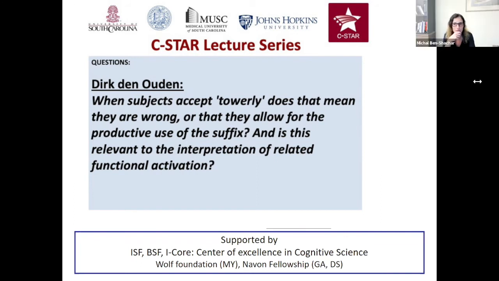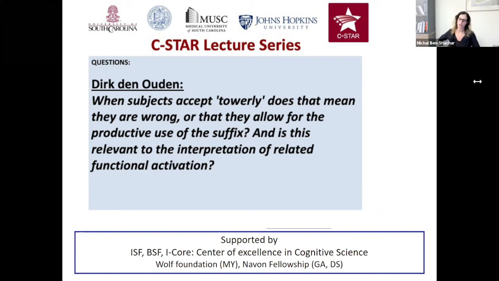So if you then equate that with accepting "towerla," which really is an error because that is nowhere near a real word, it seems to me that you're looking at two different processes. One is an inability to identify a non-word, and the other one is use of morphemes in a productive way.